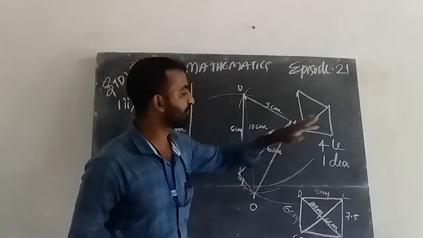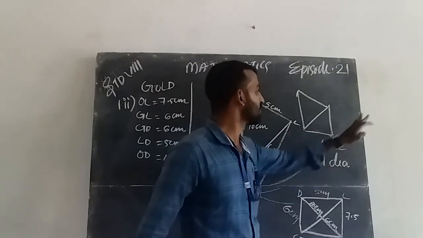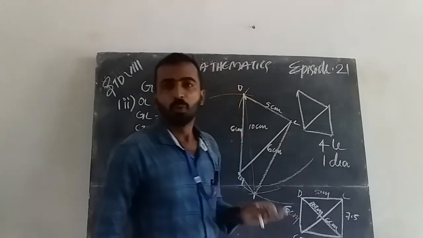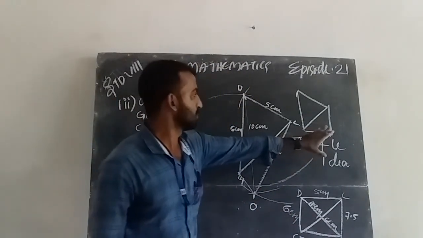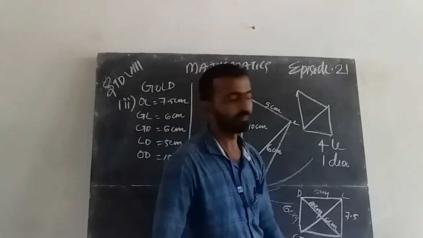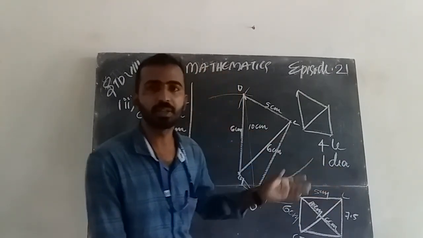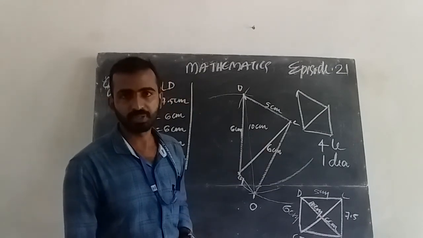When we draw a figure, you must draw a rough figure in your notebook on the right side, or we pre-plan before drawing the quadrilateral. Then you just sketch a rough figure on the right side with the given lengths or measurements. Then start the original, accurate figure.